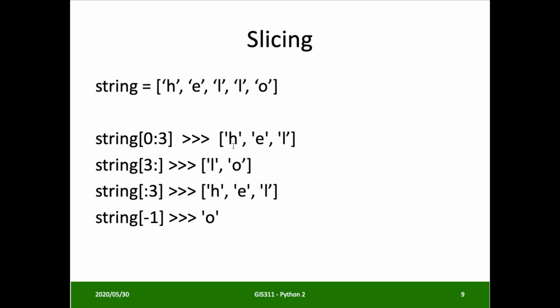So HEL we will receive. Here it is from position 3 onwards. Remember 0, 1, 2, and then 3, 4. So from 3 onwards, you'll get LO. The next one is 3 forward as well.